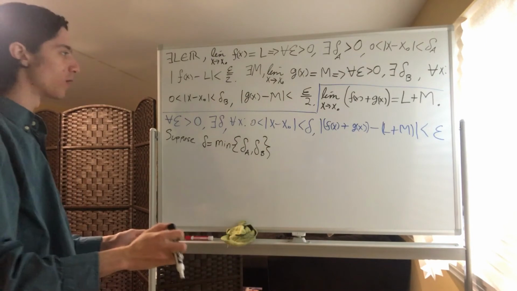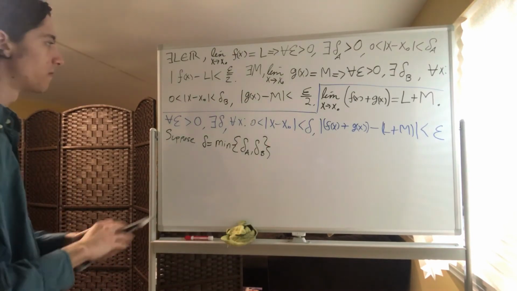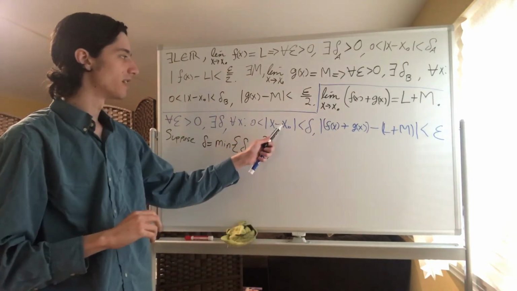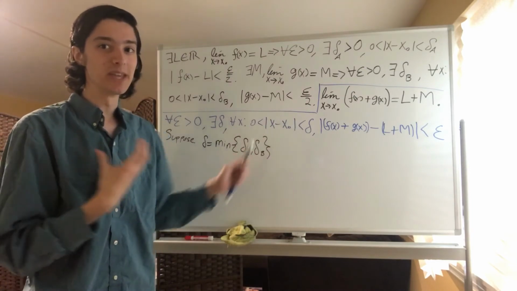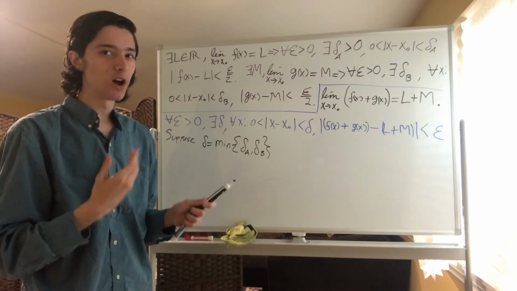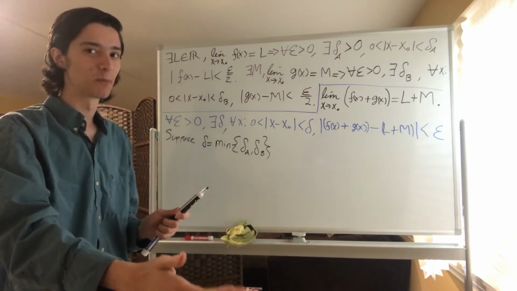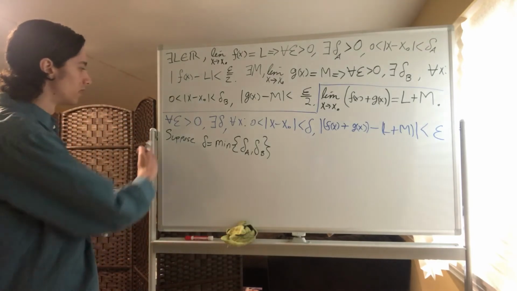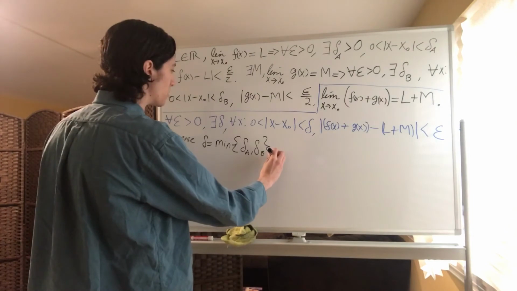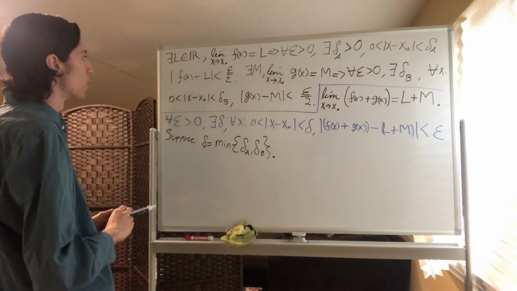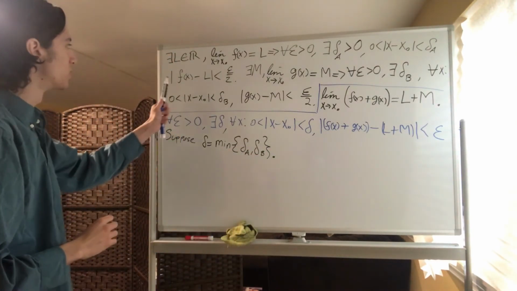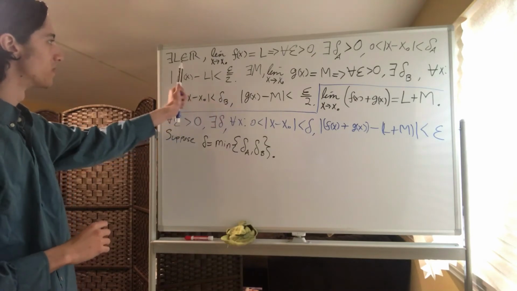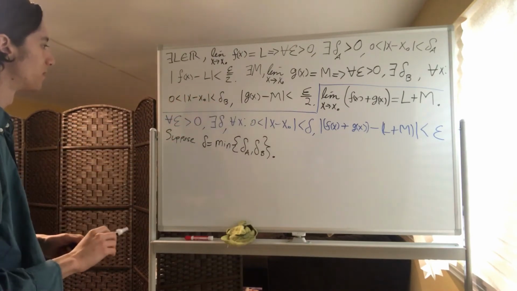So therefore, if x minus x naught is less than the minimum of them, then it will also be less than the maximum of them, because of the transitivity property. So we can suppose this is true. Then, therefore, we get access to both of these facts that we have right here.